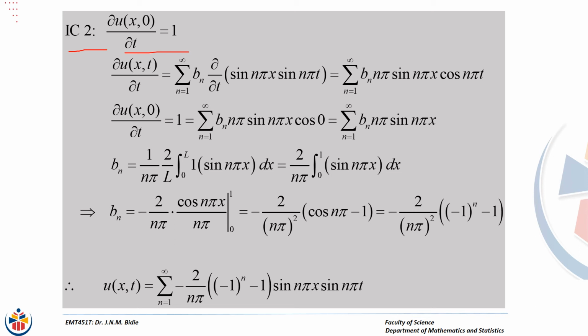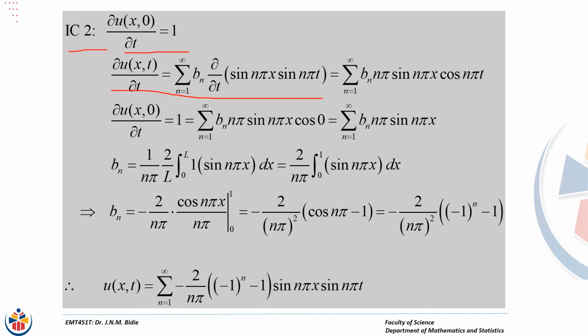Note also, in order for us to solve these problems, it's easier for us to substitute the last initial condition that does not have 0 on the right hand side last, so that we get the last constant. But in order for us to do this, the first thing we need to do is to find the derivative of u. So we differentiate u with respect to t.